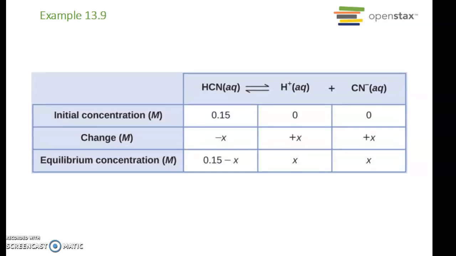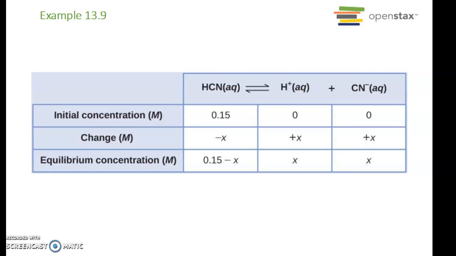Now there's a special case as well, and here what you've got is one where the initial concentration is 0.15, but the key thing here is that the Kc value is 4.9 times 10 to the minus 10th, a very small number.